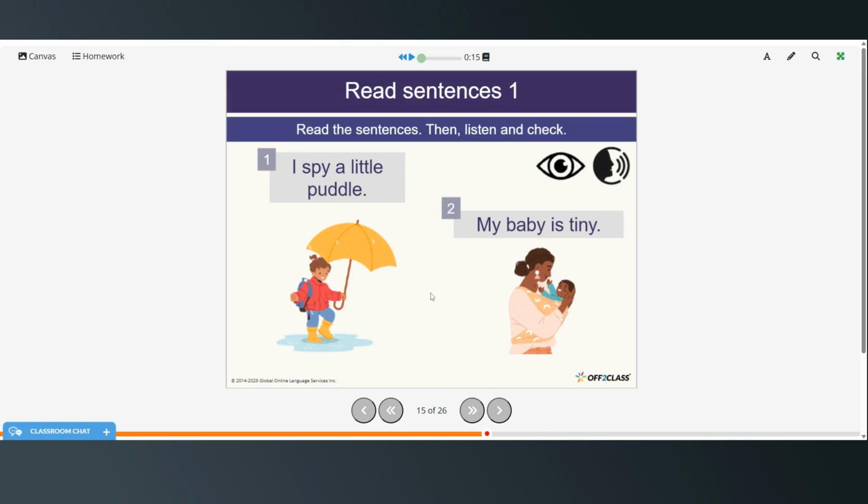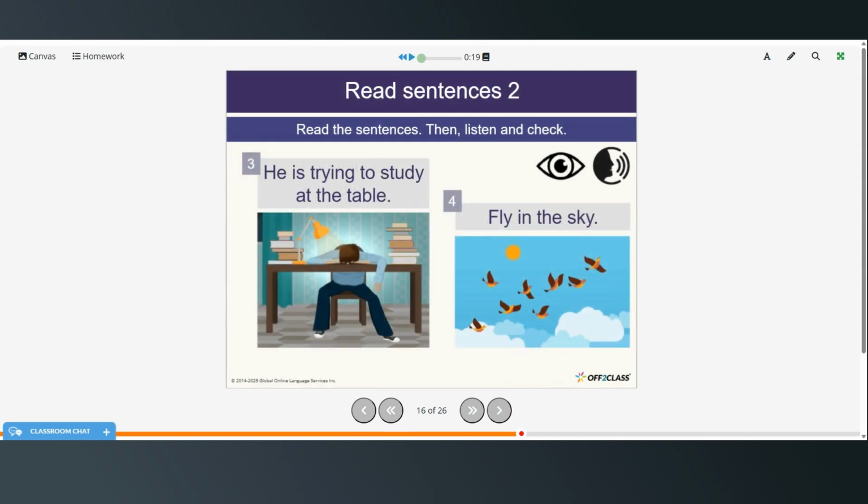All right, now read the sentences and then listen to check. I spy a little puddle. My baby is tiny. He is trying to study at the table.